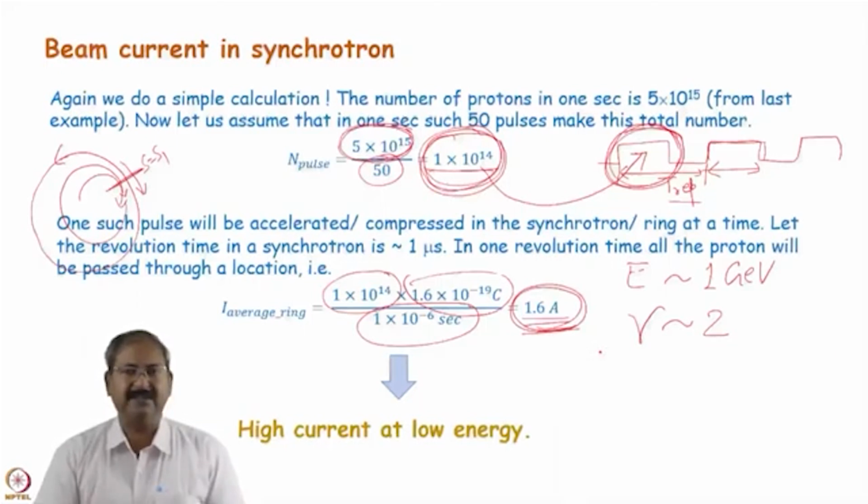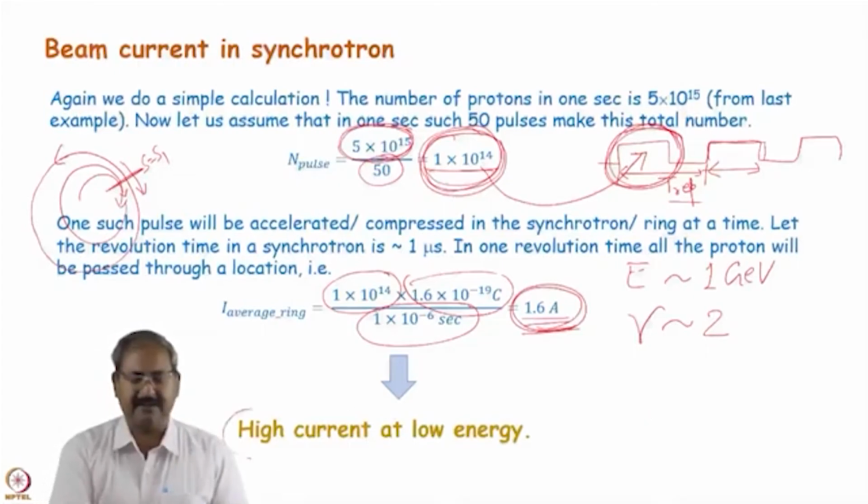Even if we take 1 GeV, gamma becomes 2000. So in synchrotrons for synchrotron radiation sources, we have electrons at much higher energy with lower beam current. In a proton synchrotron for a spallation neutron source, we must have high current at low energy.